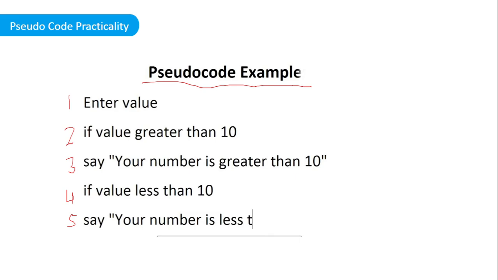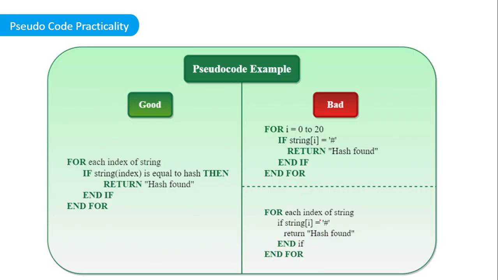That is pseudocode. Let's look at another example. Now, it is very crucial that you know how to write pseudocode. So I have this diagram here. One I've indicated is a good pseudocode, and this is a bad pseudocode. Looking at the good pseudocode, you see that all these things here are English words.